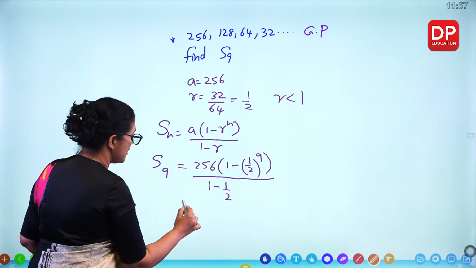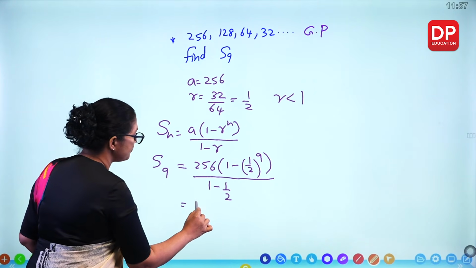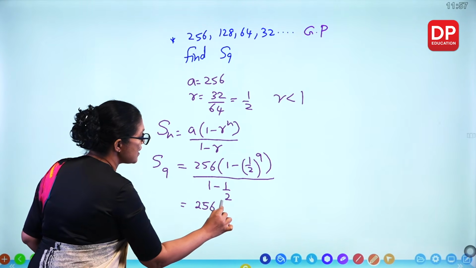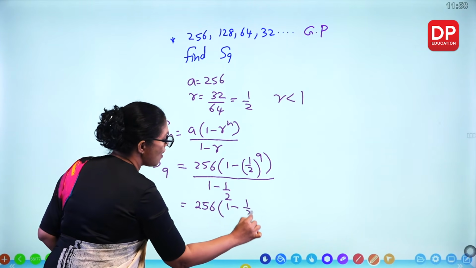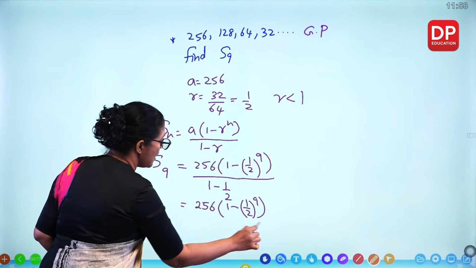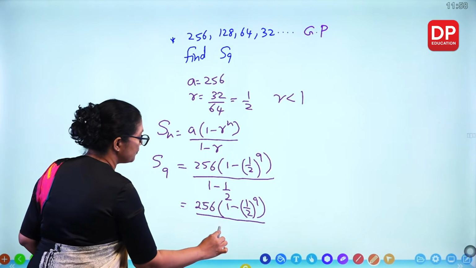Here I can simplify this: 256 times 1 minus half to the power 9, over half.